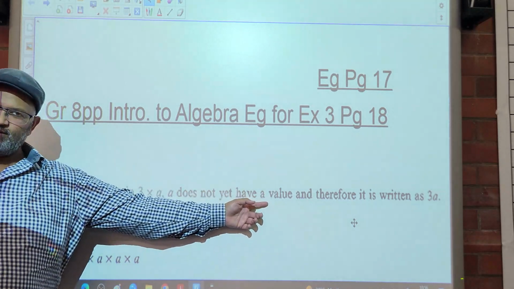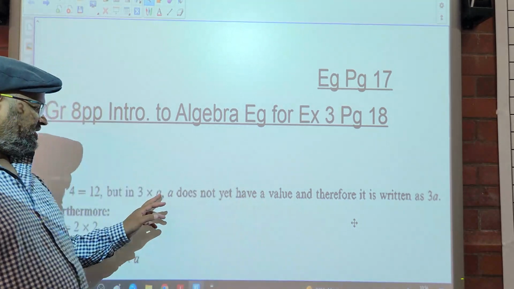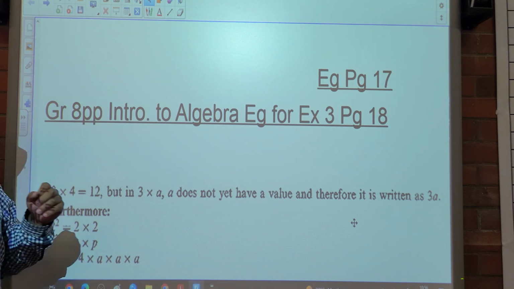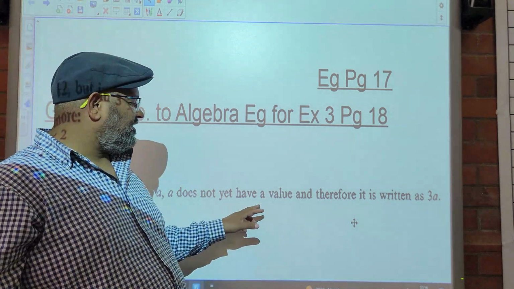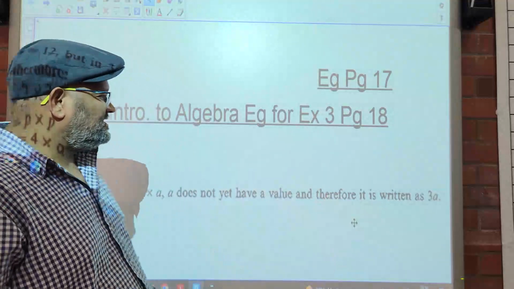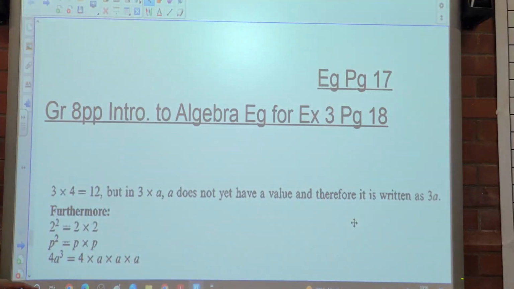You remember when we introduced this, we said what is a and what is x and what is y? They are variables. What does a variable mean? Its value varies, it changes, it can be anything. So a does not have a value yet, it could have a value later on. Therefore it is written as 3a.